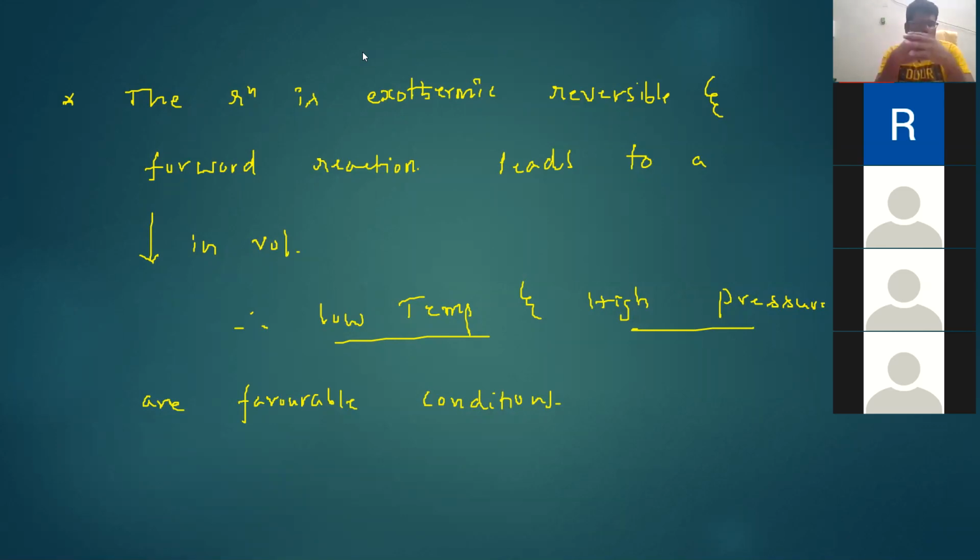What are the steps involved in the contact process? That is the most important. And next, temperature is low and pressure is high. How much pressure, how much temperature is required in this contact process? Write down that one also.